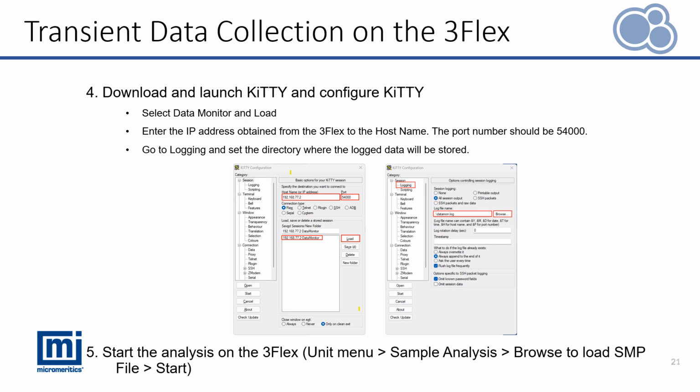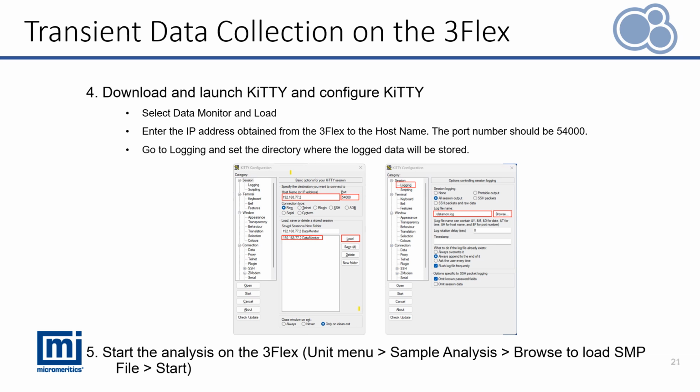Next, download Kitty, which is a terminal emulator available online to download for free, and open Kitty to load the data monitor session and click Load. Enter the IP address of the instrument to the host name and set the port number as 54,000.